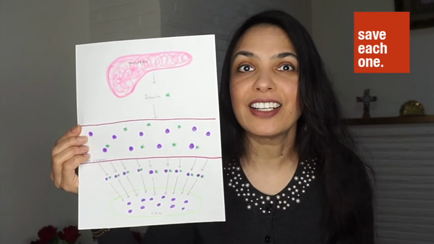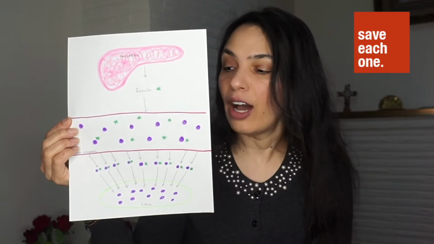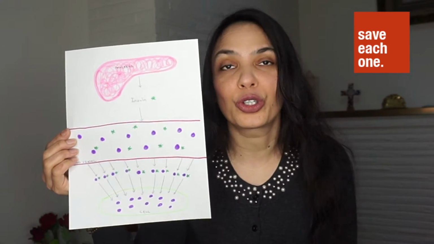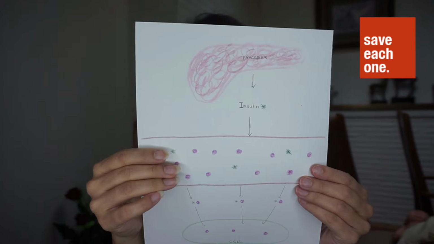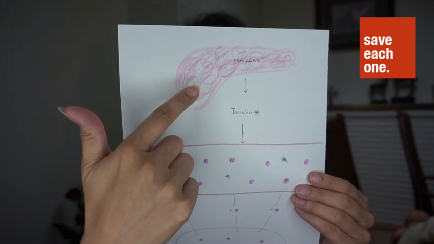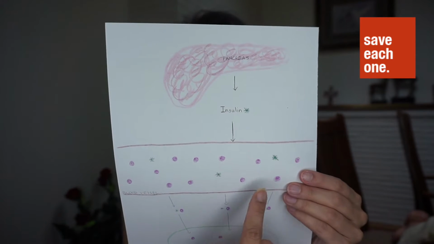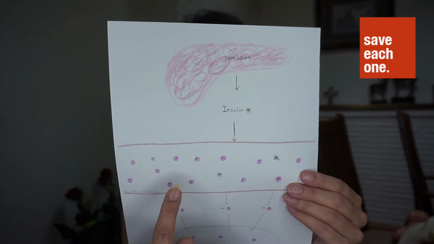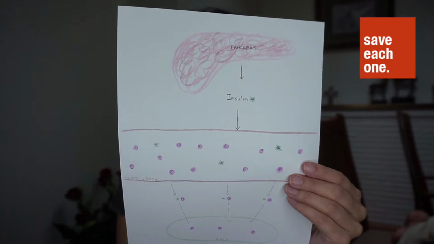Glucose, or sugar in itself, is not bad. It is the energy source for our cells. However, too much glucose, or glucose not in the right places, is what causes problems. What happens in type 1 diabetes is that there's less insulin produced in the pancreas. And because of that, there's less insulin that goes into the bloodstream, and less glucose is absorbed and goes into the cells.